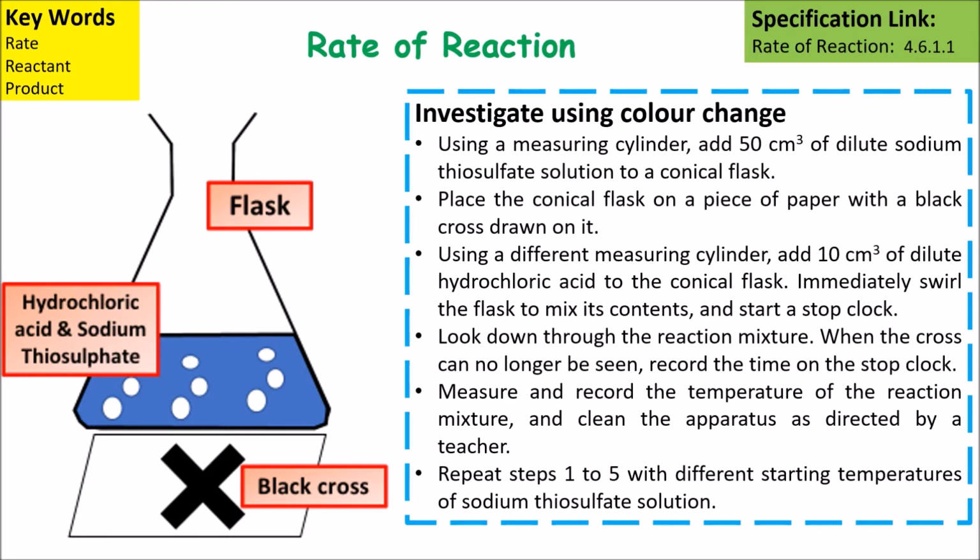Using a different measuring cylinder, add 10 centimetre cubed of dilute hydrochloric acid, swirl the mixture together and start your stop clock. If you look down at the mixture, when you can no longer see the black cross, the reaction is stopped, and you can stop your stopwatch, and that will give you the amount of time that the reaction has taken.